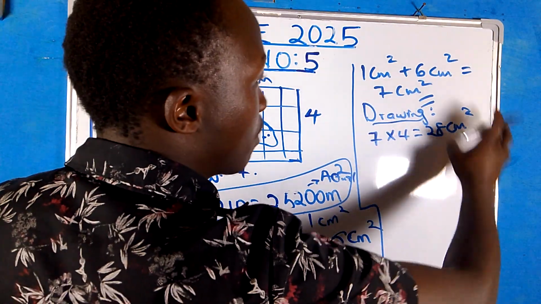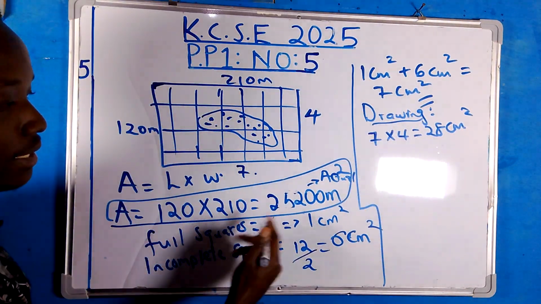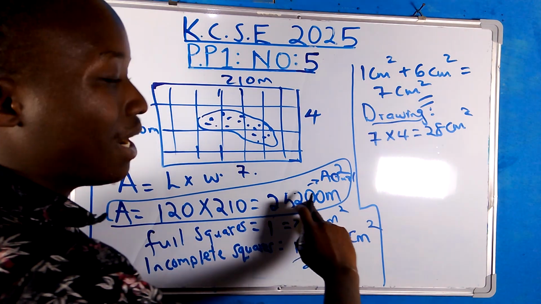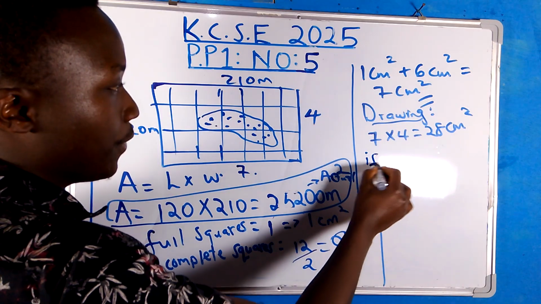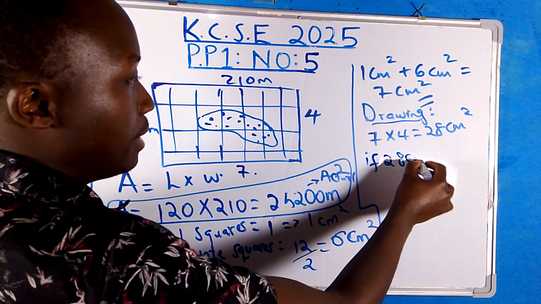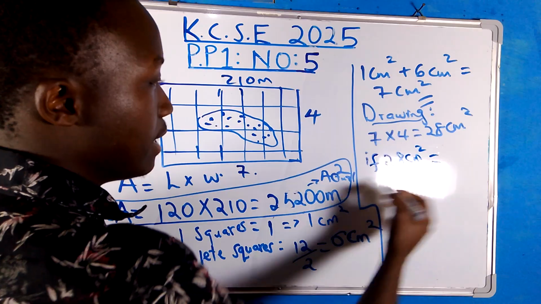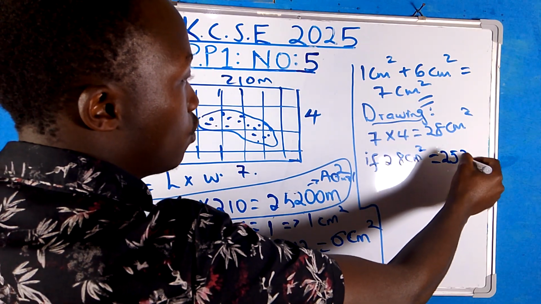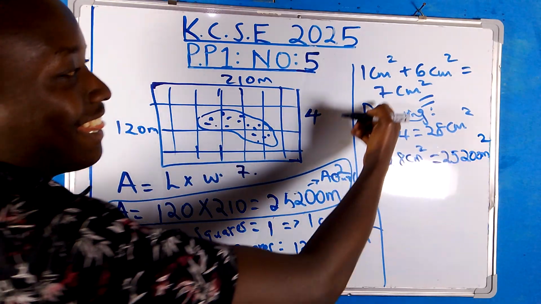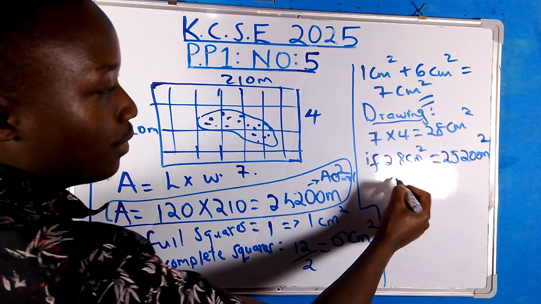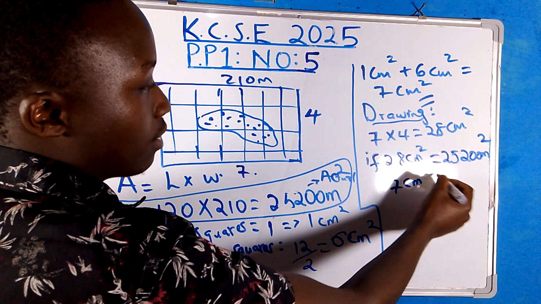So this 28 centimeters squared is what represents 25,200 meters squared. So we can ask ourselves, if 28 centimeters squared is representing 25,200 meters squared, what about the area of the shaded region, which is 7 centimeters squared?